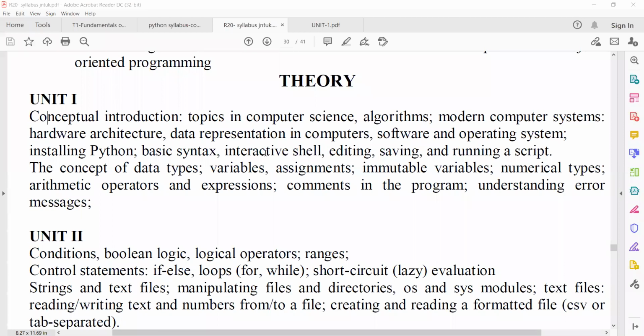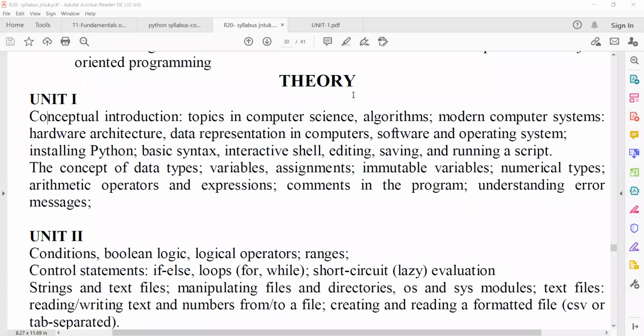Next, the concept of data types. Already we know in the C programming language, we have some basic data types and derived data types.